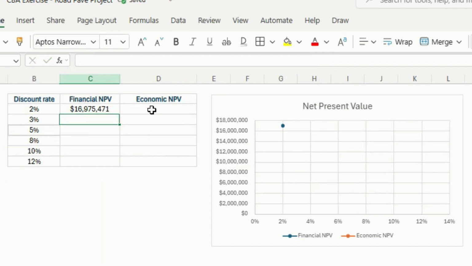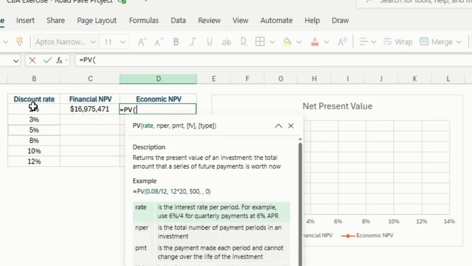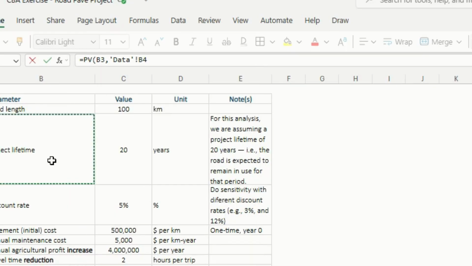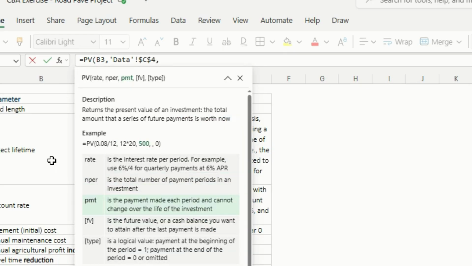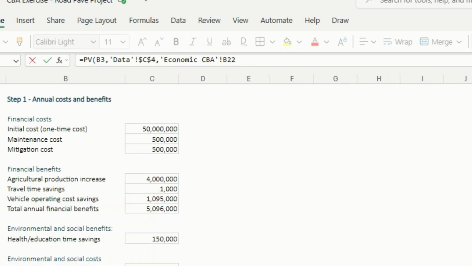Okay, let's do the same thing with the economic net present value. So PV, the discount rate, the project lifetime, and find the economic net benefit here.